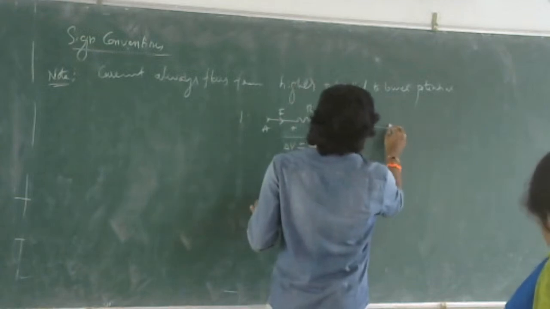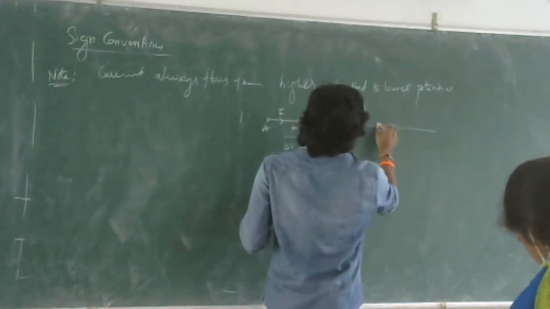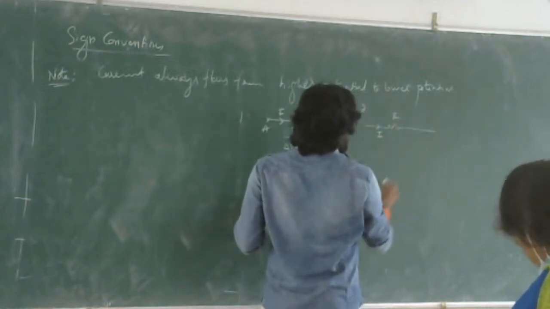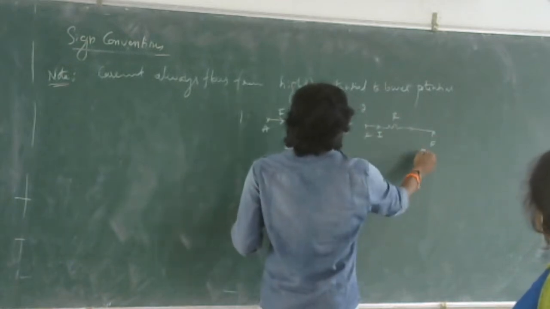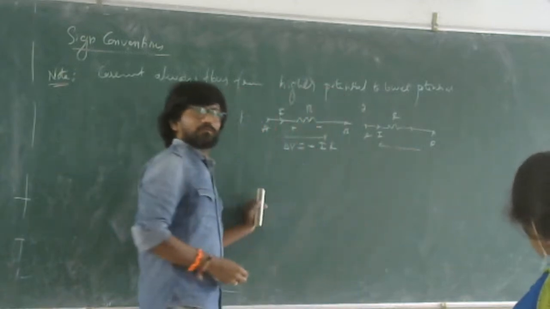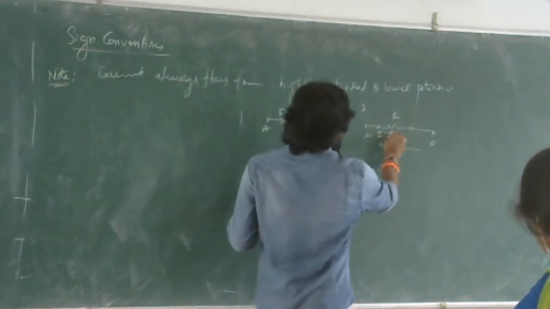Whereas if you have the same resistor, second point, current I is flowing through a resistor of resistance R, from A to B, but we are coming in the opposite direction in the loop. As current is flowing here, this end is positive and this is negative.